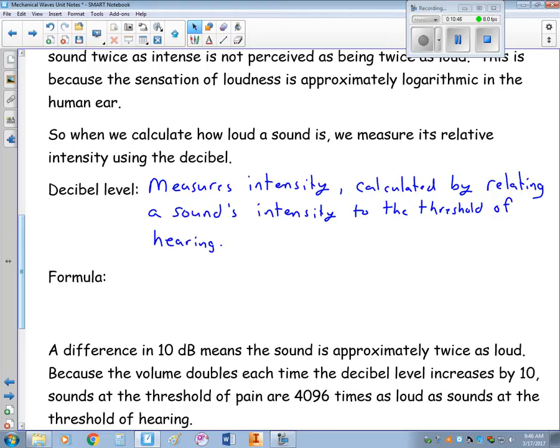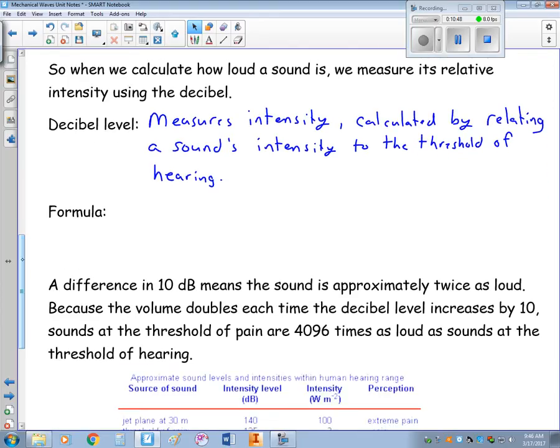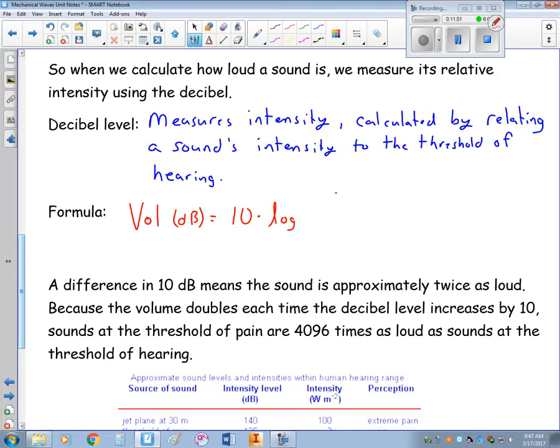The way we calculate this, the volume, measured in decibels, is equal to 10 times the log of the intensity of that sound divided by the threshold of hearing's intensity.